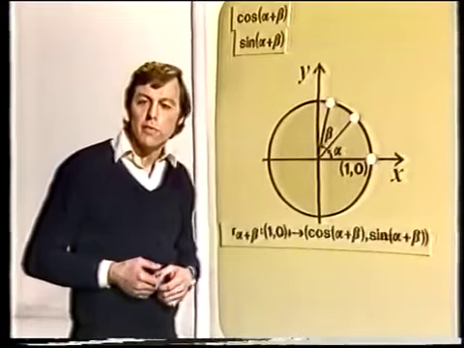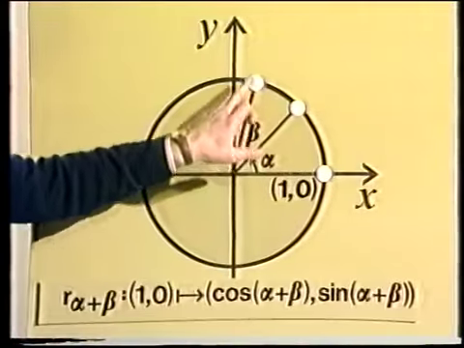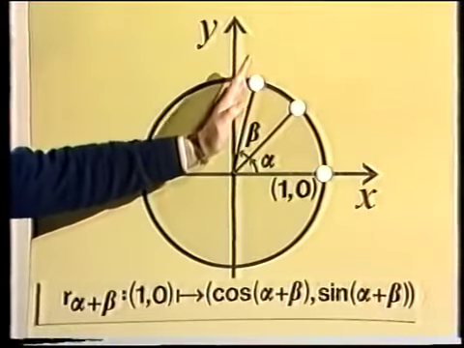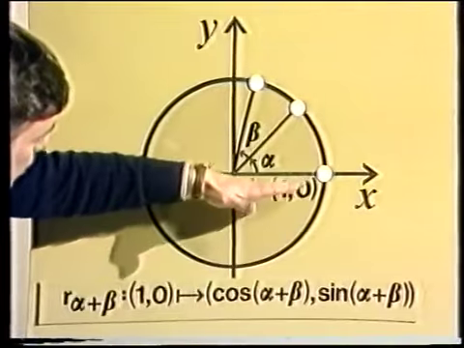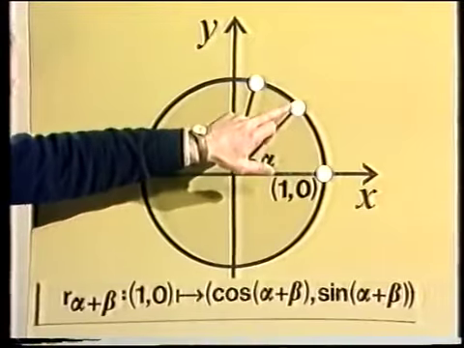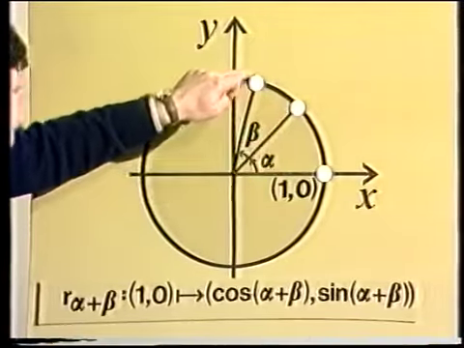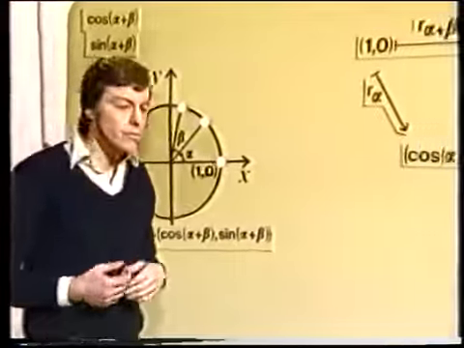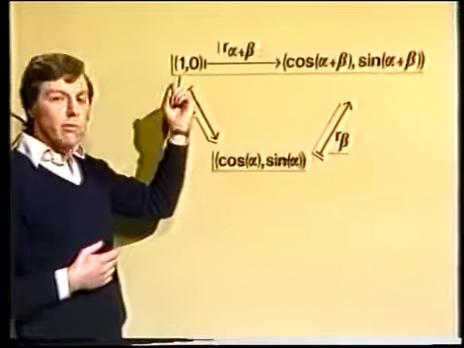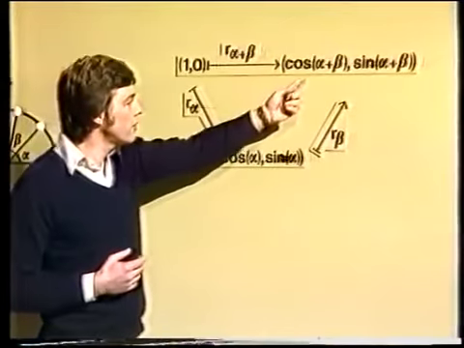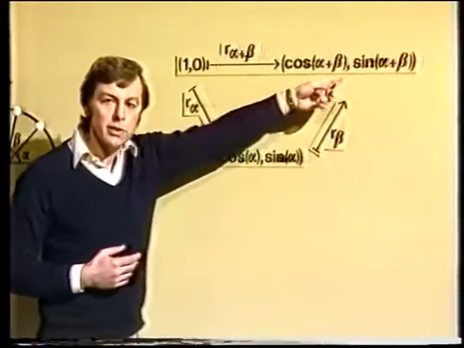So we have two alternative ways of getting (1, 0) to this point. The first way is to rotate straight through alpha plus beta, or we can rotate through alpha first, which takes this point to here, and then rotate this point through beta. We can look at it like this. We can rotate (1, 0) straight through alpha plus beta to get (cos(alpha plus beta), sine(alpha plus beta)).